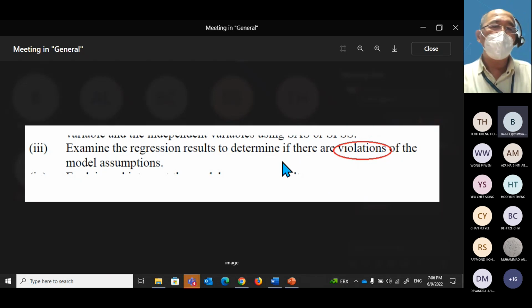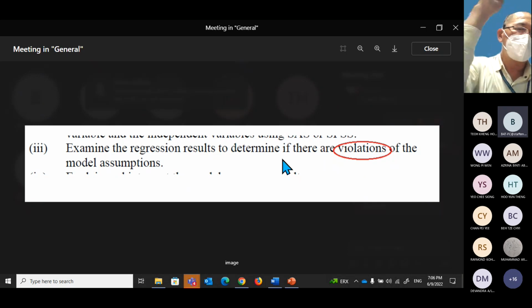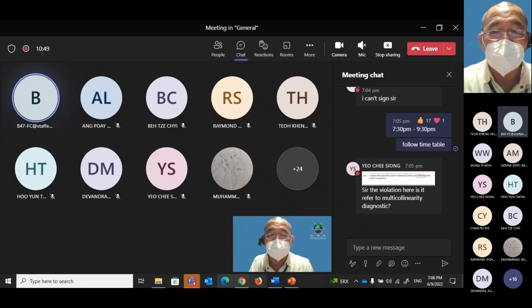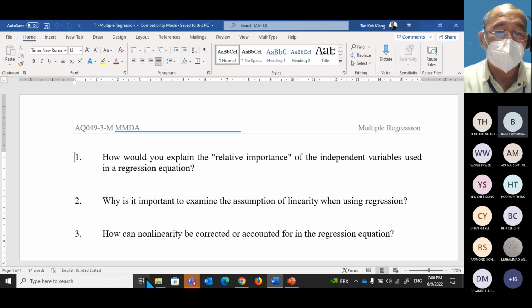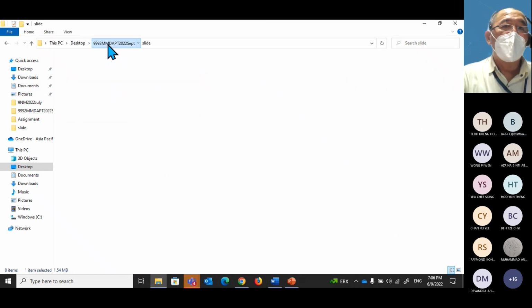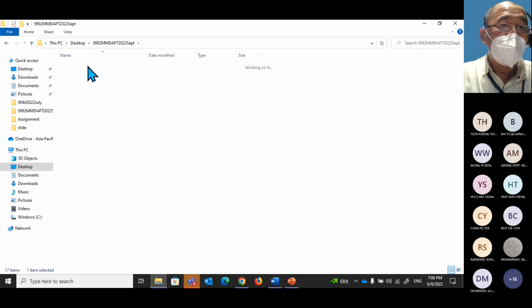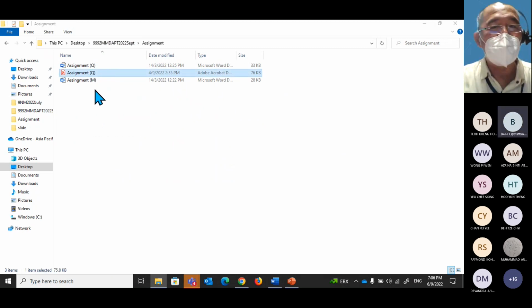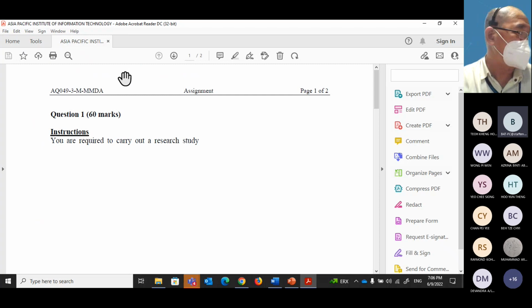Actually, not only multicollinearity, it's all the testing that we discussed in this class. You see this assignment, this is tutorial. For the assignment, I also already uploaded it to the model just now.